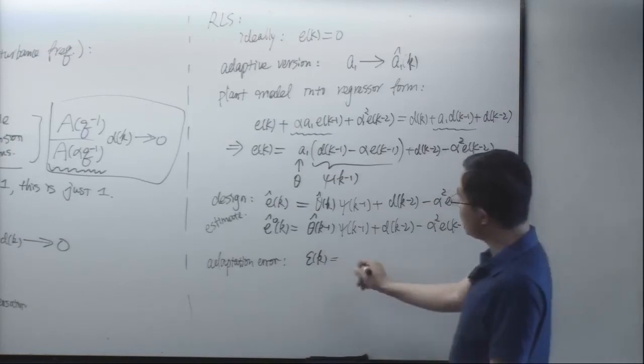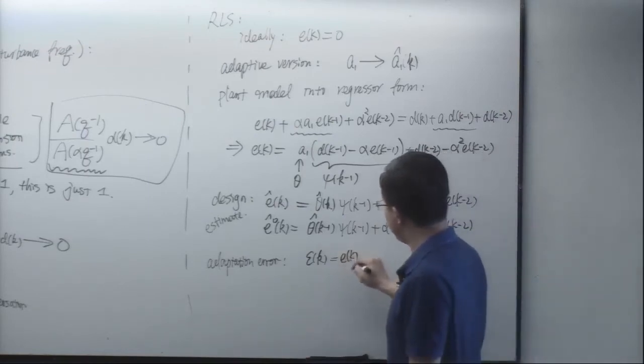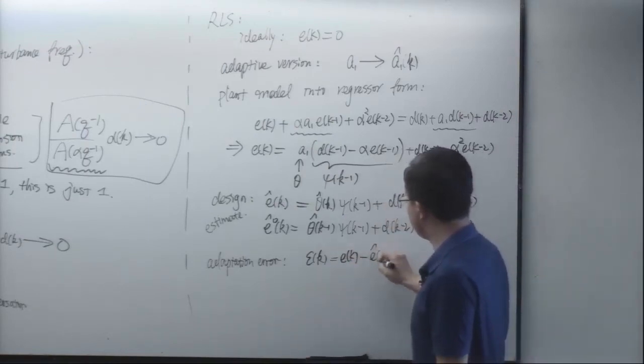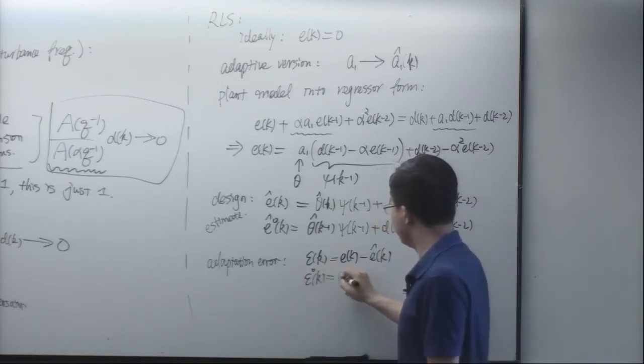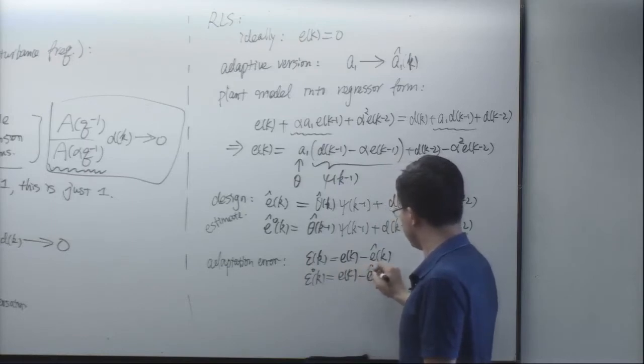Right? The a posteriori is going to be ek minus e hat k. And the a priori is going to be this.